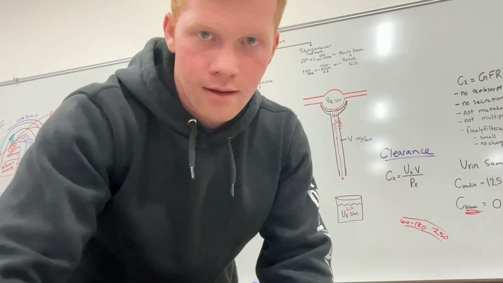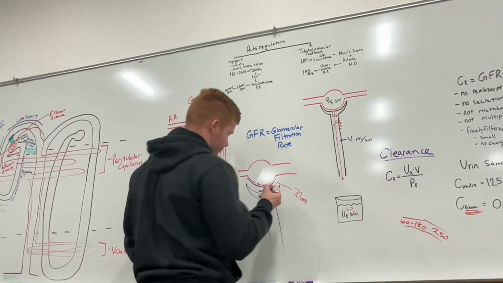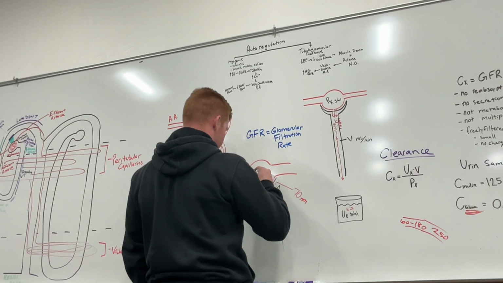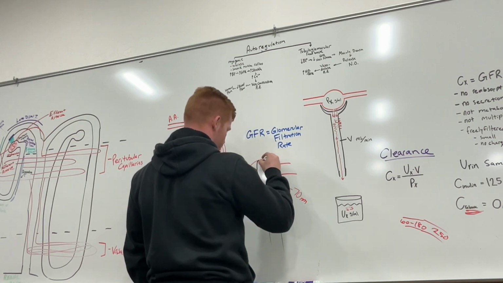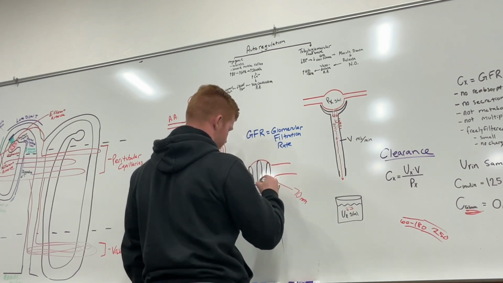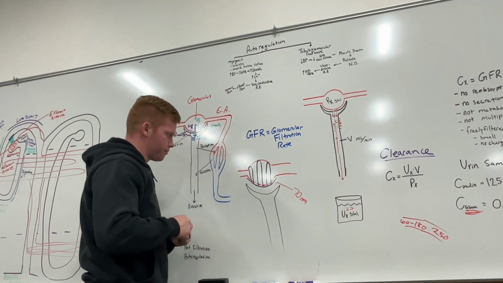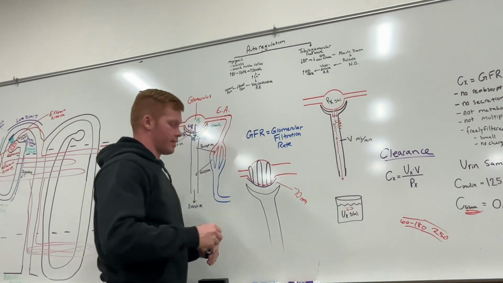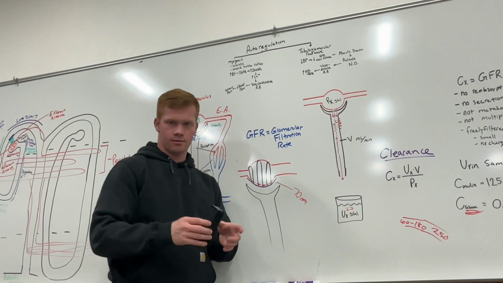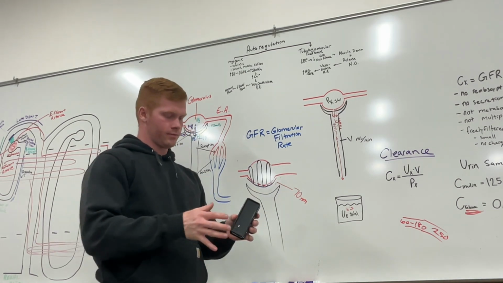Okay. So, then we have these podocytes. And these things aren't exactly made for filtration. They have another purpose. They do aid in filtration. One of the things they do is, let's say this eraser is the glomerulus.